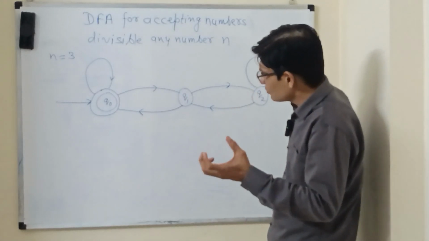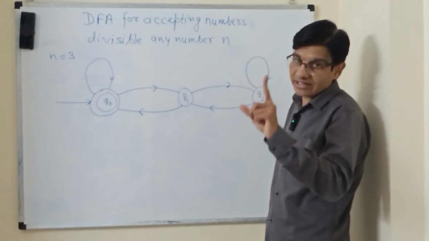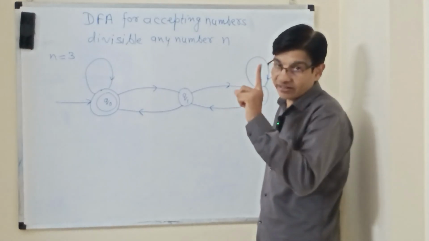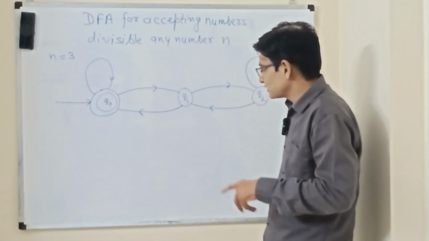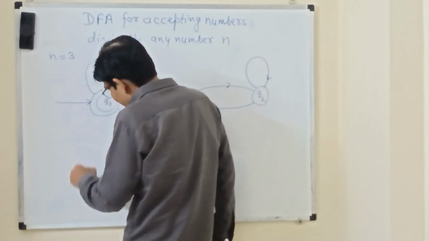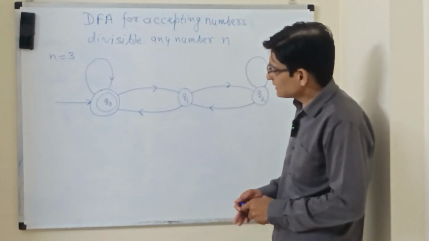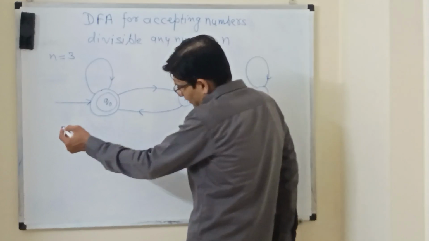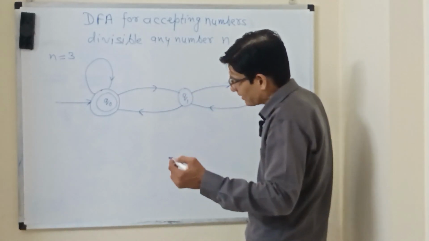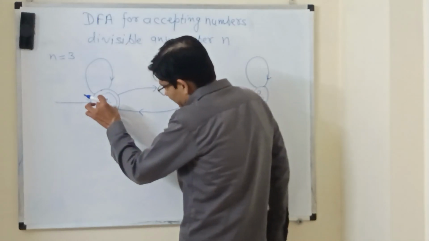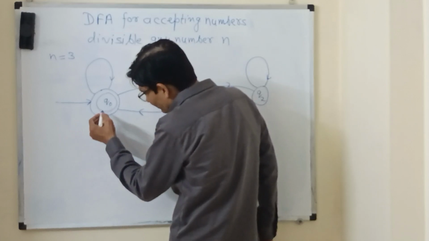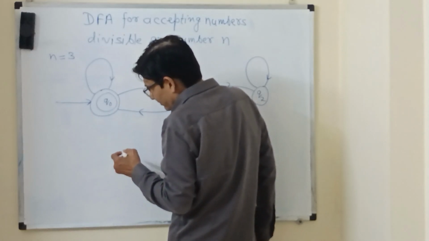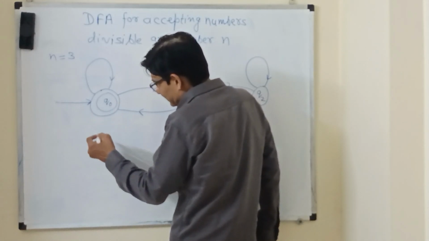But instead of using two transitions, we will now have 10 transitions, from 0 to 9, for each input symbol. For this, like in the previous example, for creating the transitions from state Q0, we took one number that is already divisible by 3 and applied zeros and ones there.